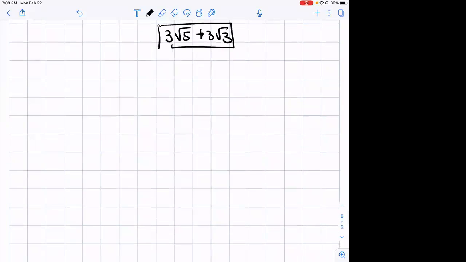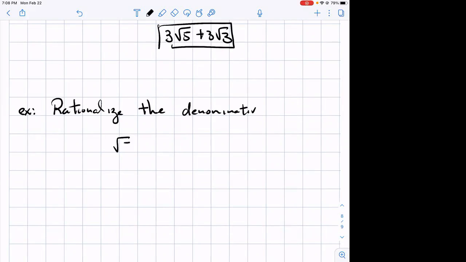Let's look at one more example. Let's rationalize the denominator. Okay. So we have root 5 minus 2 over root 5 plus 2. So if we're rationalizing the denominator, it means to write this where your denominator doesn't have a radical.